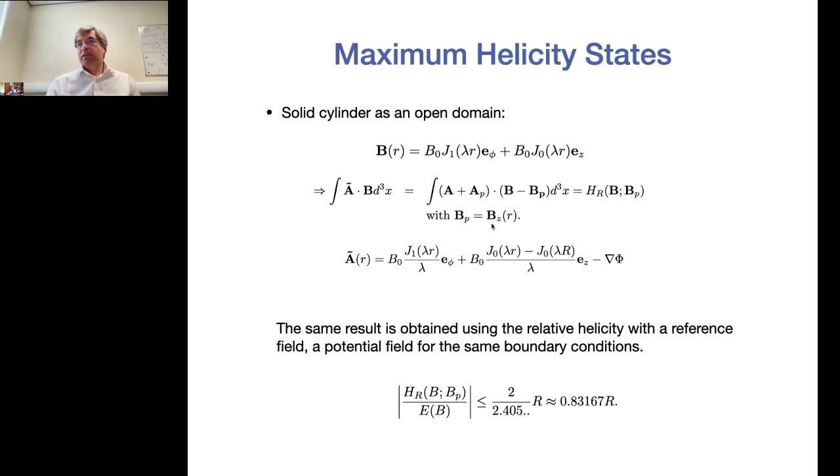In our case, we can take for this reference field just the Z component, or the Z part of our magnetic field, and surprisingly we end up with exactly the same result as we calculated previously for the periodic case, with A tilde given here, so the vector potential which we obtained by applying the integral of A dl equals 0 condition.